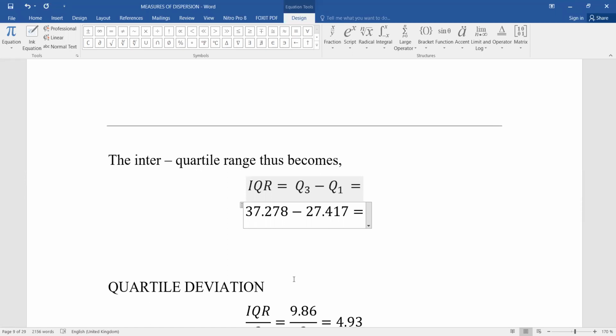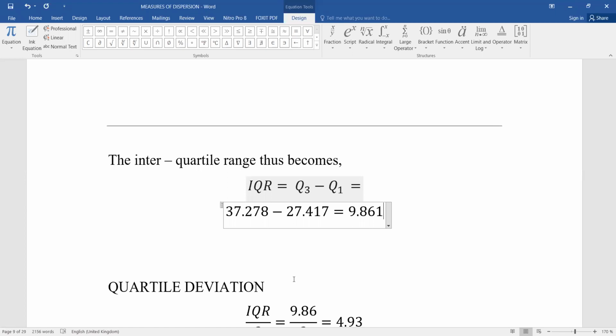So what do we have as our answer? When we subtract, we'll have 9.861 as our interquartile range.